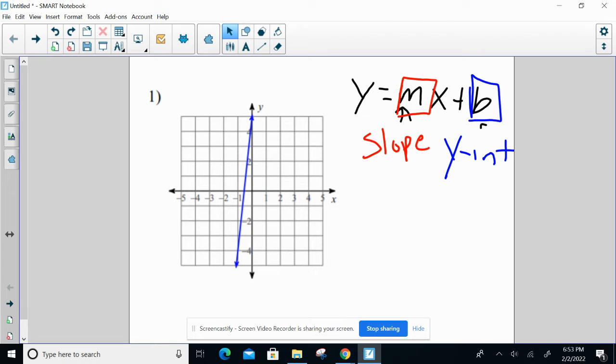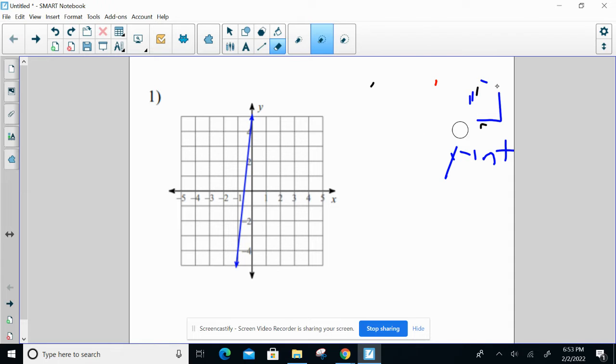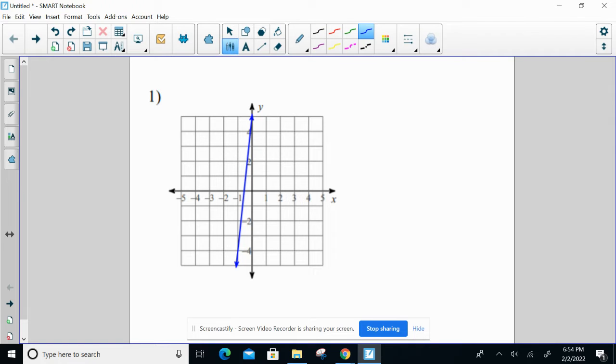So let's look at an example here. For the slope, we talked about this like a day or two ago. Let's do one at a time. Slope first. If we happen to find the y-intercept, that would be pretty cool, but slope is change in y over change in x. I'm going to pick 2 points. It looks like one.